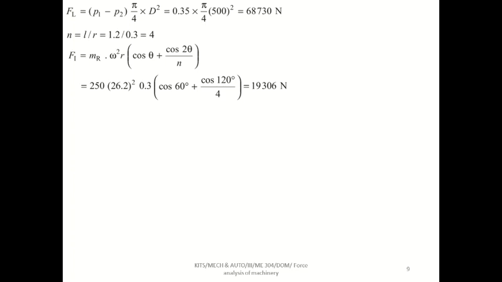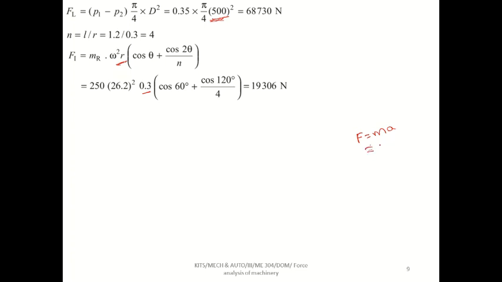Wait, I'll show you. See, we know that force equal to m a. In the previous formula we put it in millimeter, but in this formula we are going to put the value in meter. Why do we have to put it in meter? Because the force formula is mass into acceleration.